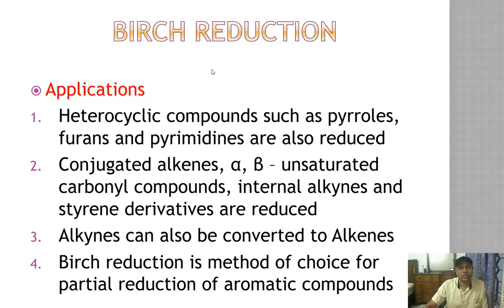So it is not just the aromatic compound, even conjugated alkenes are going to get reduced. So this is a conjugated alkene, straight chain alkene. So you can partially reduce this. Even alpha beta unsaturated carbonyl compounds can be reduced. We just came across alpha beta unsaturated carbonyl compounds, so even they can be reduced.